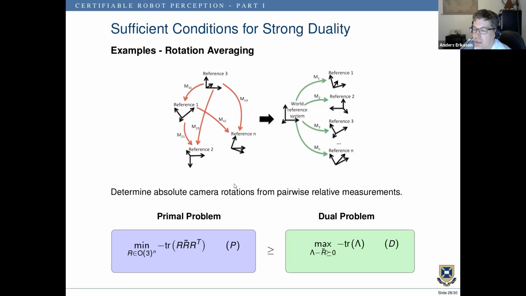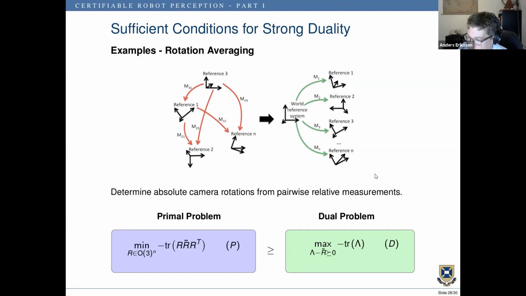And similarly here, you can show that the primal problem can be written as it is done on the left here. And the associated dual problem looks like that. It's a semi-definite problem as well.